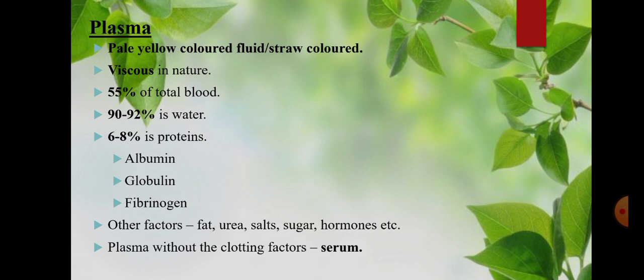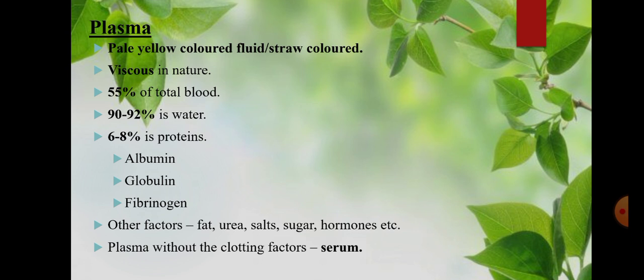These plasma proteins are of three types: albumin, globulin, and fibrinogen, and each of these has a function. Albumin helps in osmotic balance, globulin helps in the defense mechanism, and fibrinogen helps in the clotting of the blood.